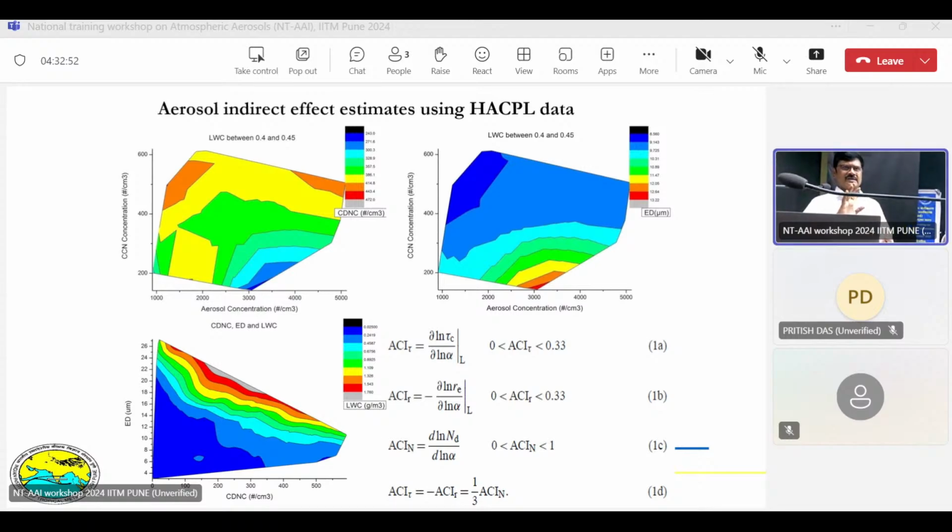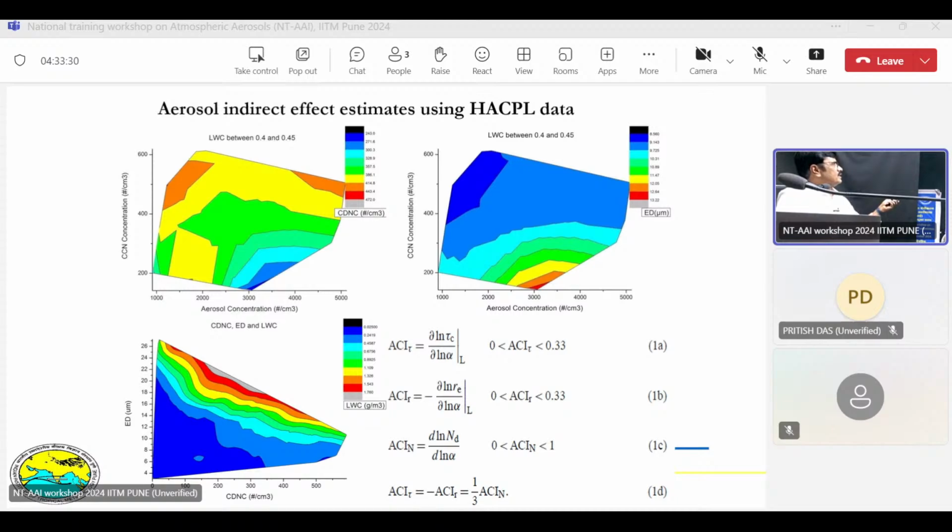The idea is that, in a family, if the food quantity is fixed, let us say more children are there, so they are getting less food, and their growth also will be equally less as compared to when all the food is available to one kid. So this is how, for a given liquid water content, if the droplet number concentration gets enhanced, the effective diameter of the droplets gets reduced.